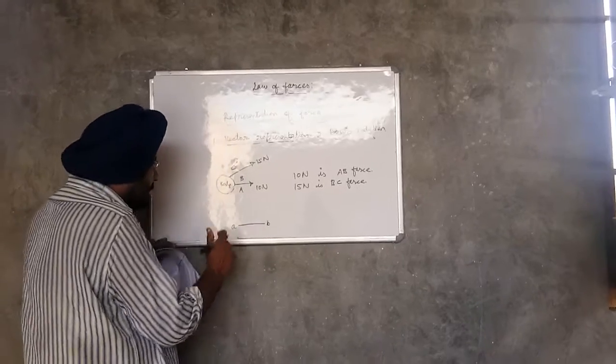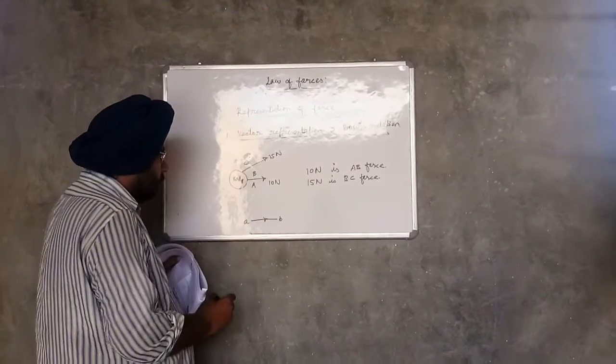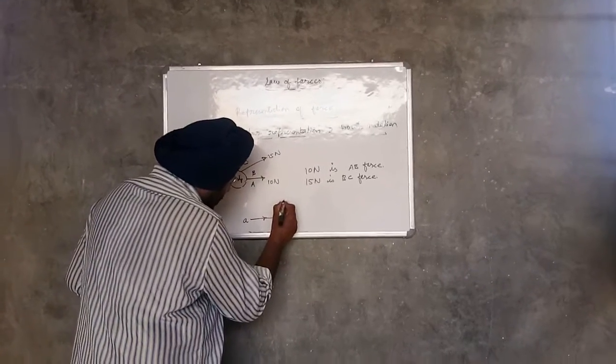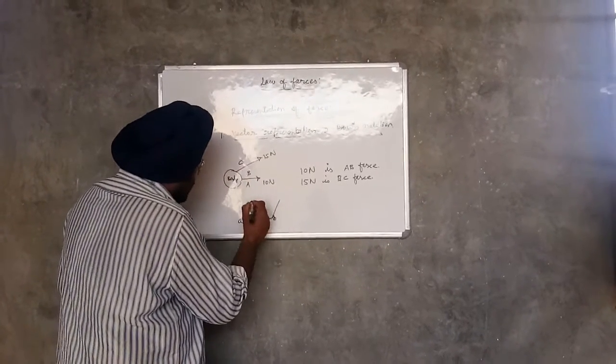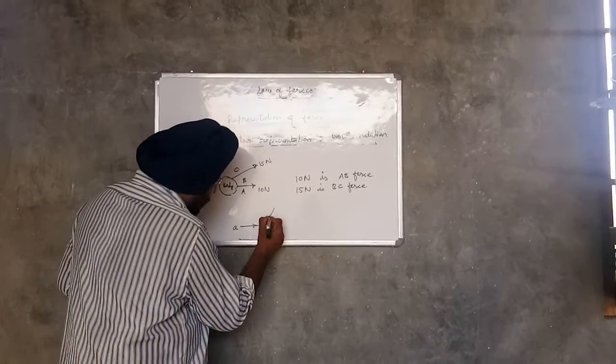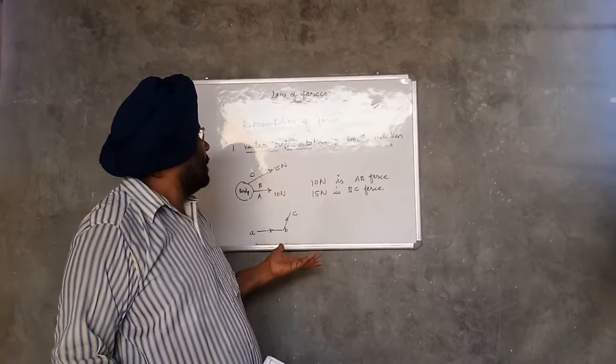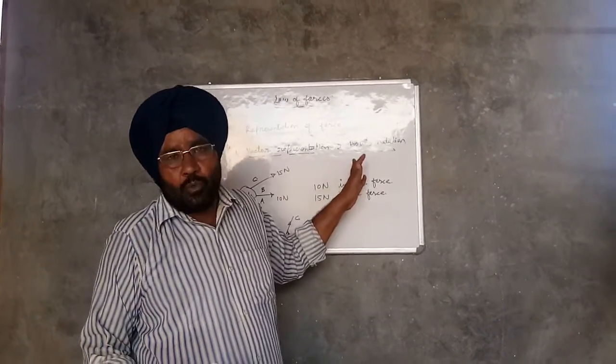The length of the line gives the magnitude of the force, and the arrowhead gives the direction of the force. And the line BC gives the magnitude of the 15 Newton force drawn to some scale, and the arrowhead gives its direction. So this is the representation of the force by vector representation and Gauss notation.